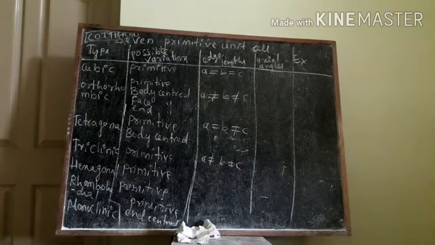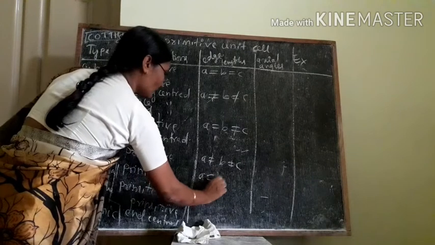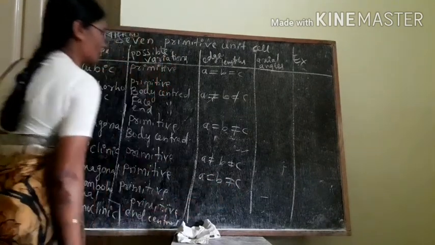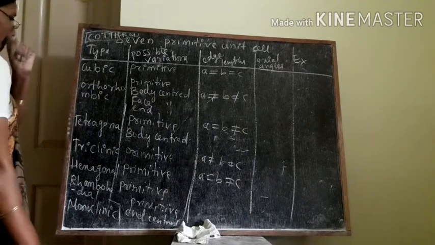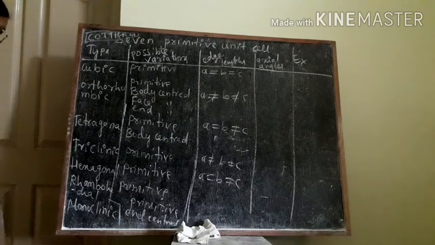Hexagonal: a is equal to b is not equal to c. Rhombohedral: all are equal.